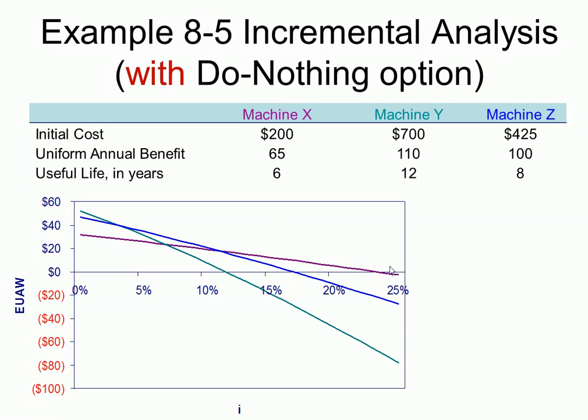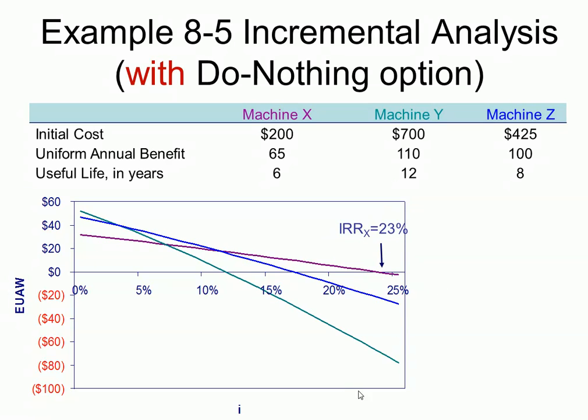So machine X is right here. Do nothing means 0. So this is where the machine X curve intersects 0 annual worth, or just the 0 level, right here. This is a little bit below 25%, so maybe 23.5 or something like that.